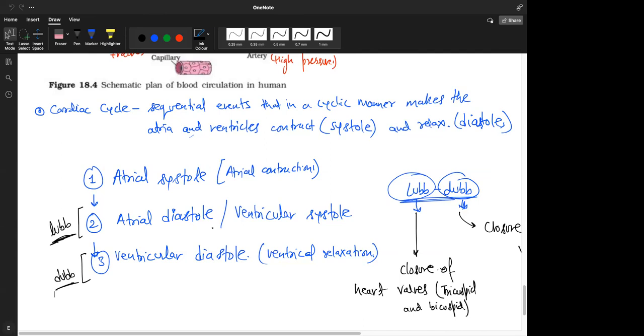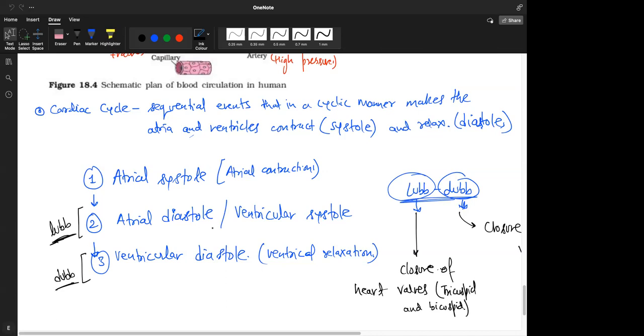Yes, sir. But when you do exercises, it increases, right? What increases is the beats per minute, but the stroke volume does not increase. In fact, stroke volume will go down, because if you are beating faster, you are beating small volumes, correct? Because enough time is not there for the heart to get filled properly.